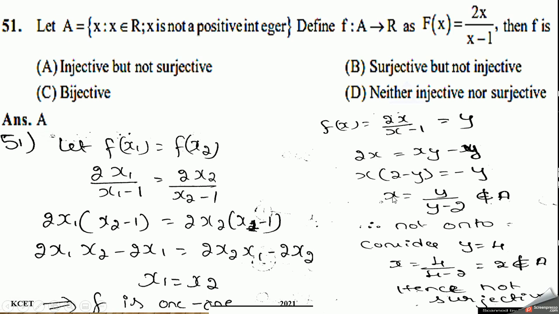Rearranging this, I'm going to get x value as y by y minus 2, which doesn't belong to A, because A is not a positive integer. Okay, let me consider an example here and show you. If y value is 4, I'm going to get the value of x as 2, but it is a positive integer. They have given us the condition that it is not a positive integer, hence it is not surjective. So option A is the answer.